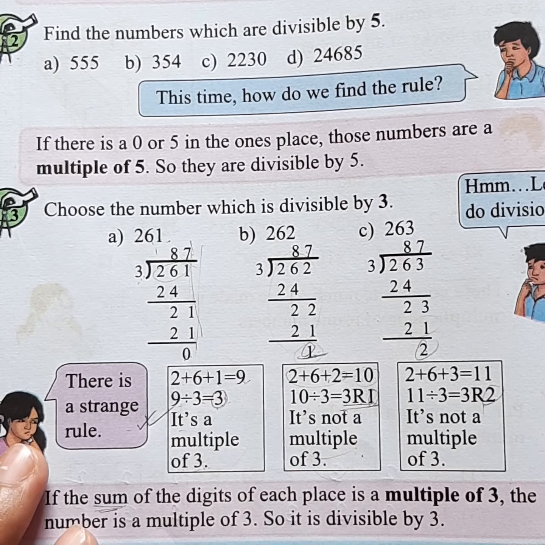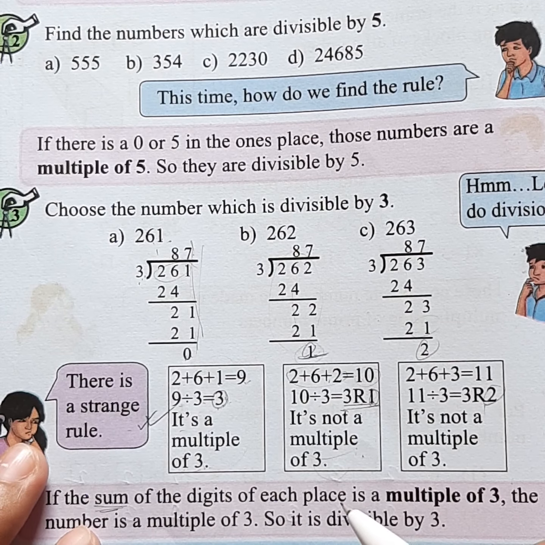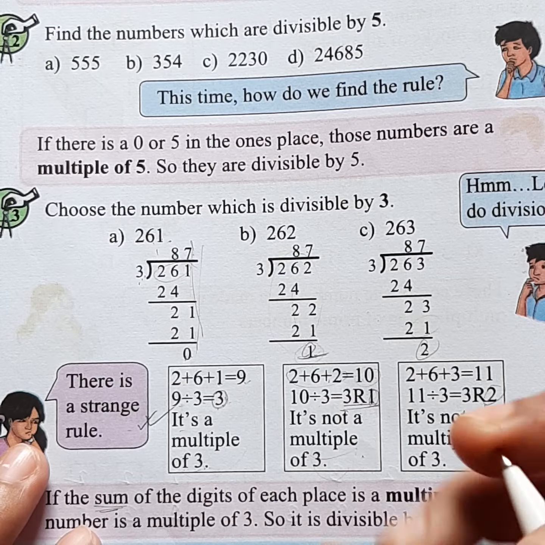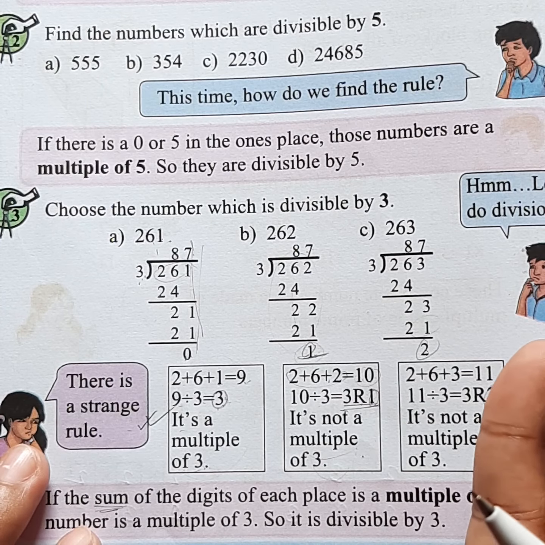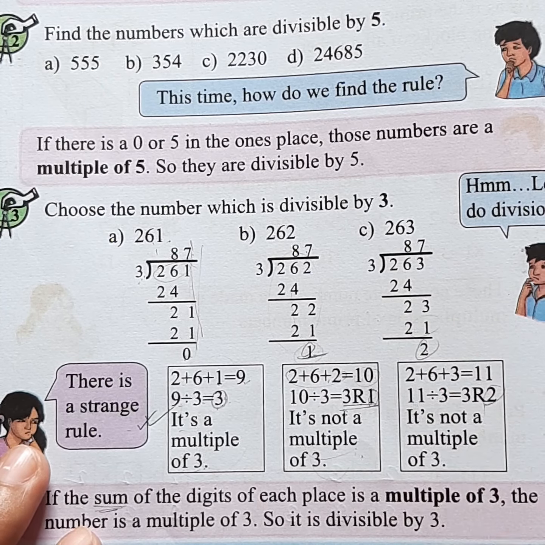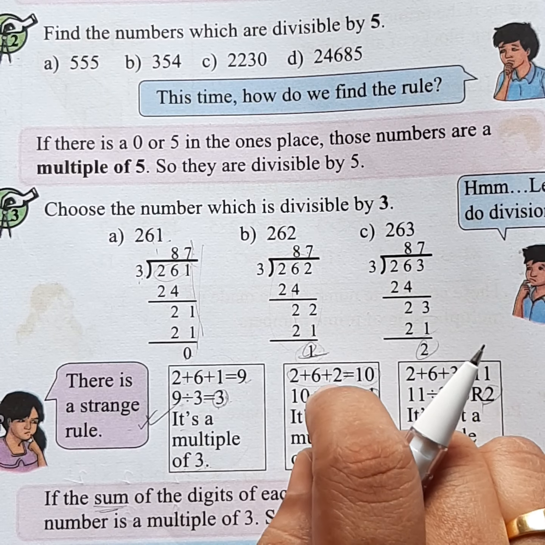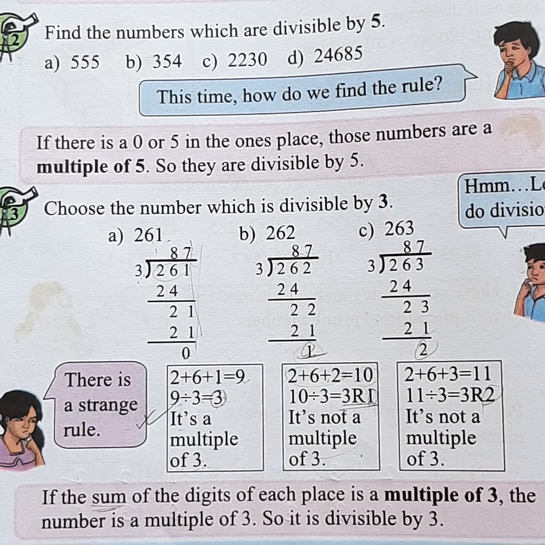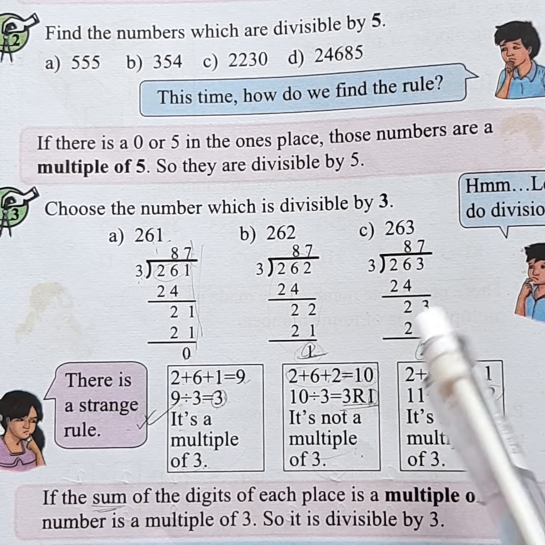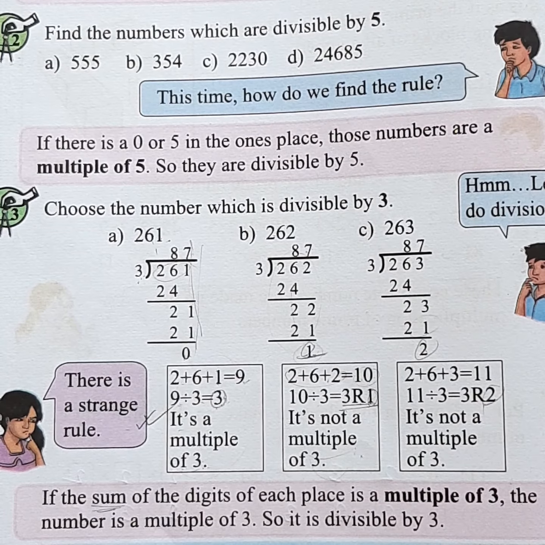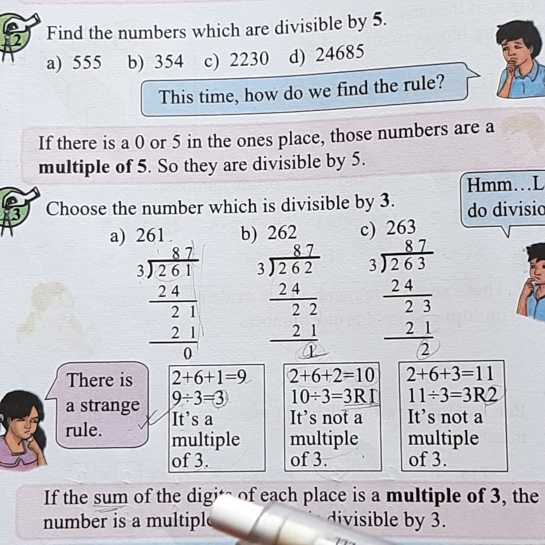These rules we do to find out which number can be divided easily, which number can be divided with 2 or 3 or 5, or there are other rules for 6 and 9 in class 6. I remember this is why they have given you only 3 over here, and in class 6 you will learn more.